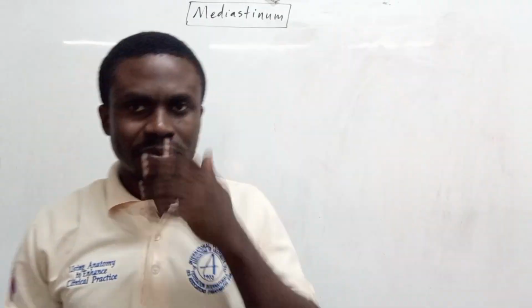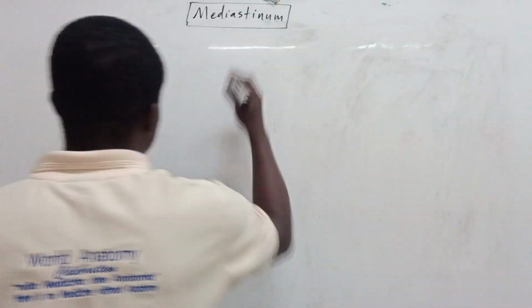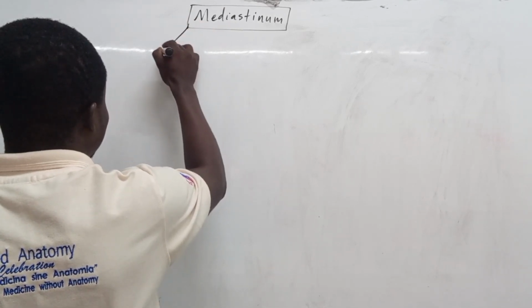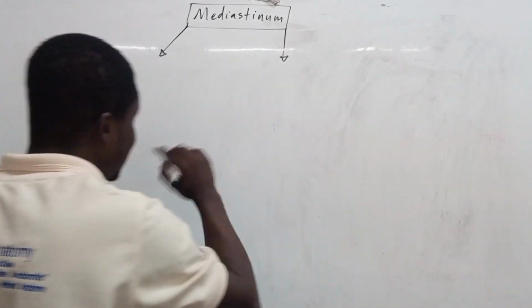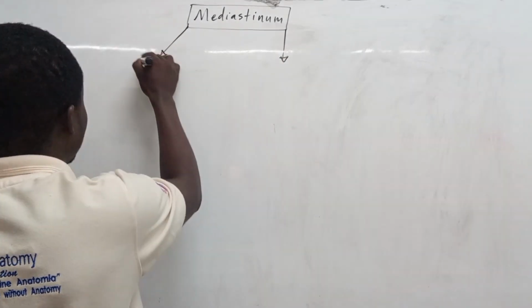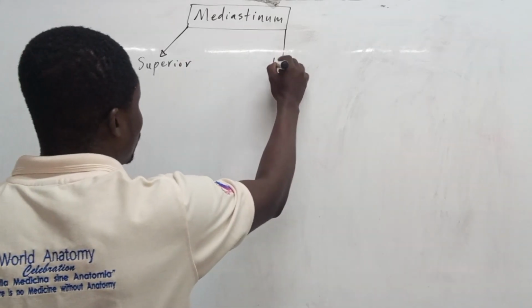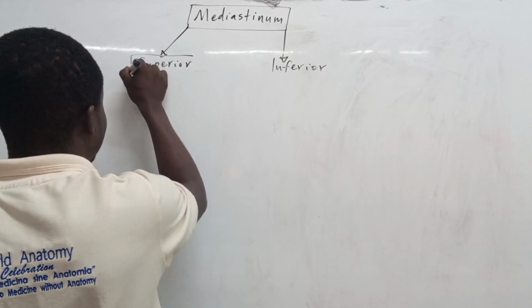Having looked at this, the next thing I want you to know is that this mediastinum is divided into two. We have the one above, which we call the superior mediastinum, and then we also have the inferior mediastinum.